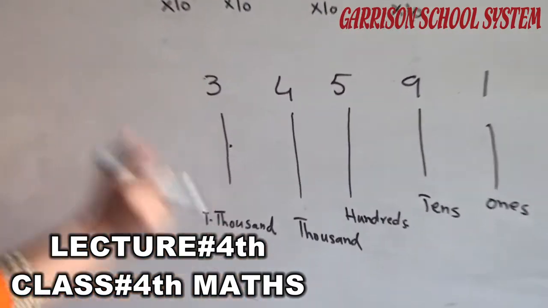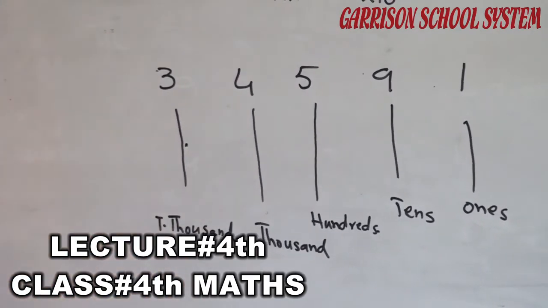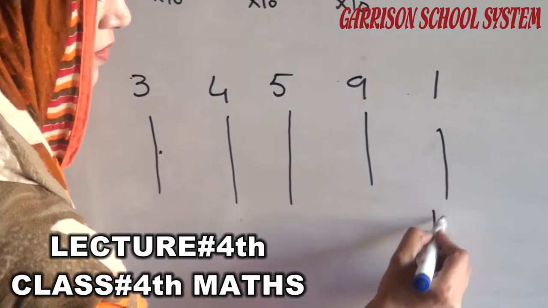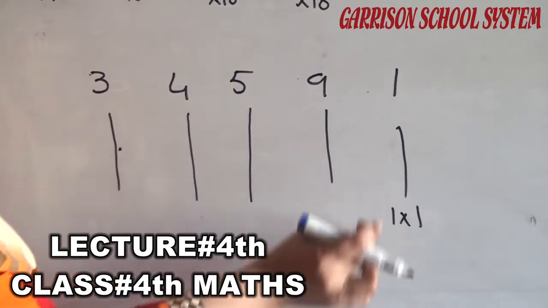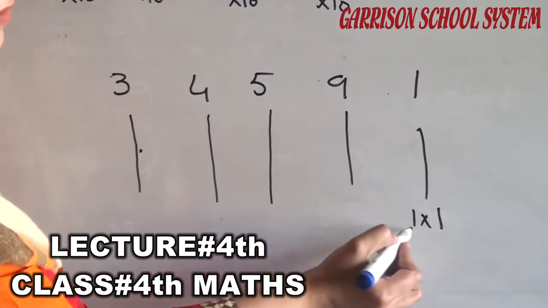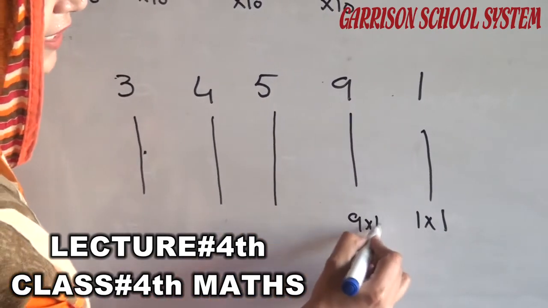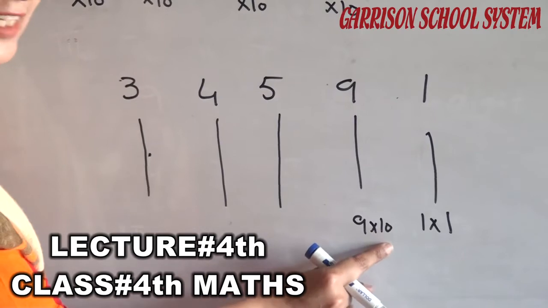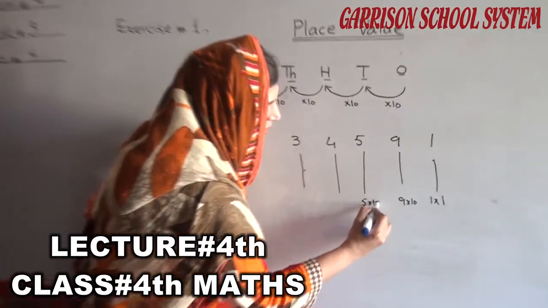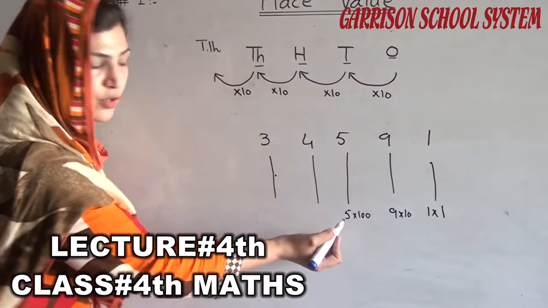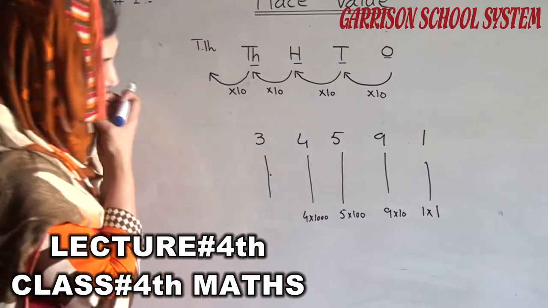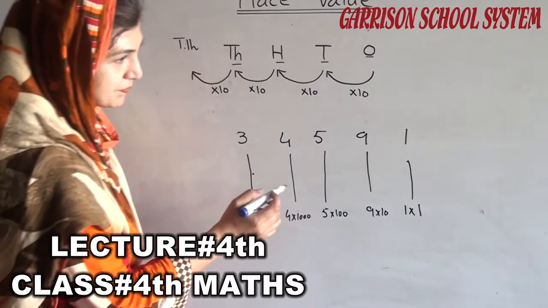Students, let me tell you in this way so that you can understand better. 1 is in the ones place, so we can write 1 into 1. 9 is in the tens place, so we can write 9 into 10. 5 is in the 100 place, so we write 5 into 100. 4 is in the 1000 place, so we write 4 into 1000.